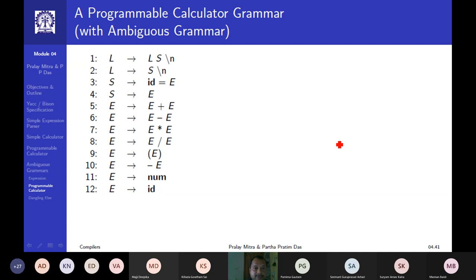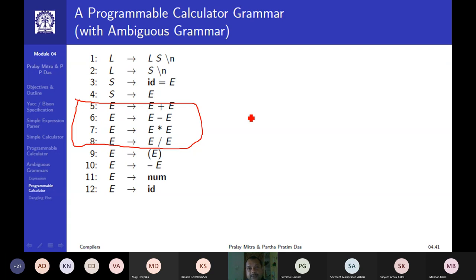Now where is the ambiguity? Ambiguity is here. So which one to choose? When the expression is of the format E, a binary operator, and E. Now the binary operator can be addition, subtraction, multiplication, or division, right?